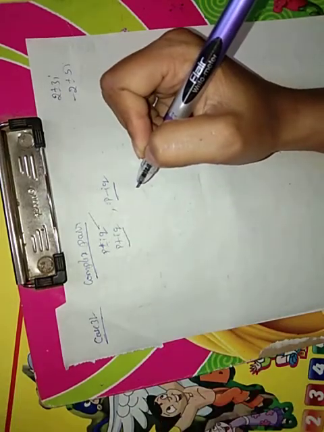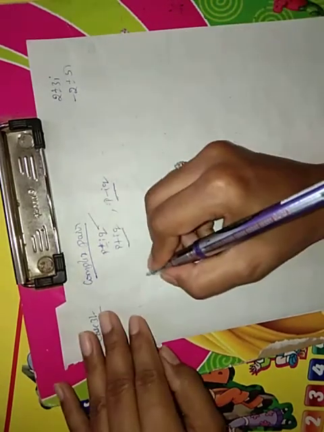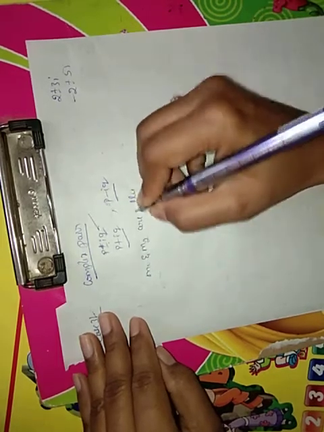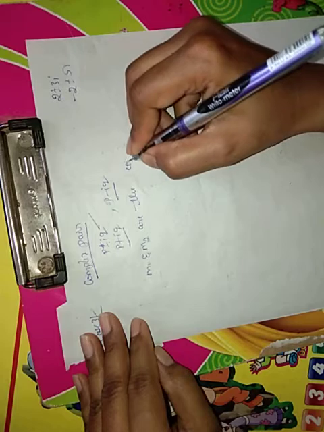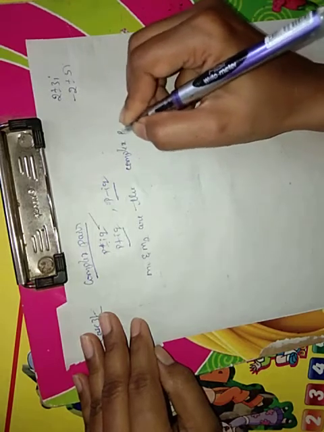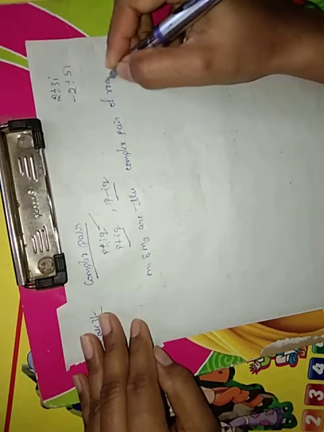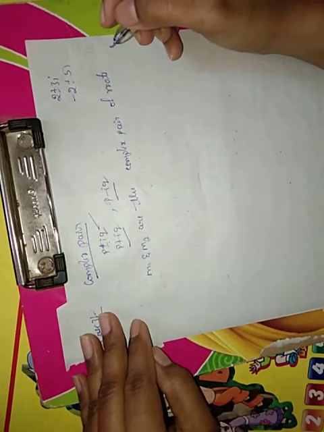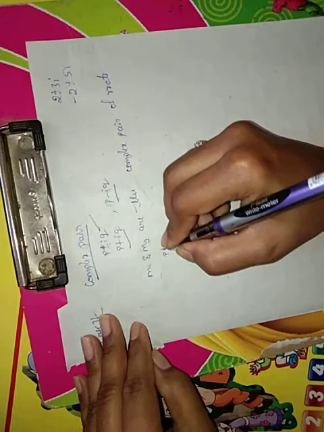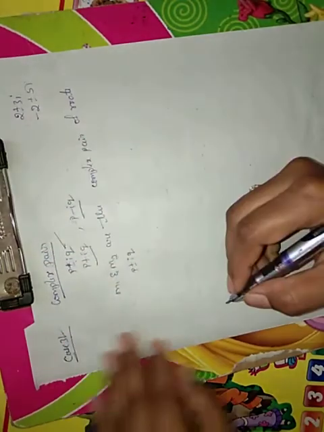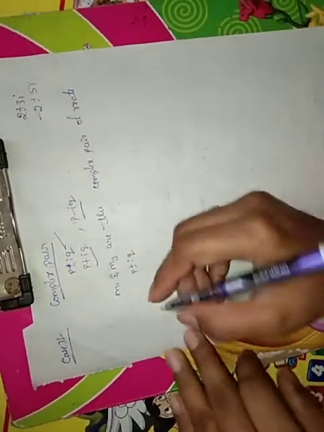If m1 and m2 are a complex pair of roots, then p plus or minus iq is the root of the given equation.